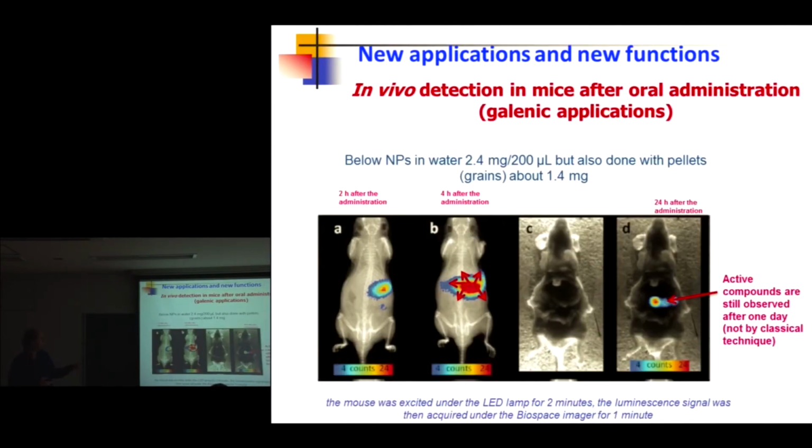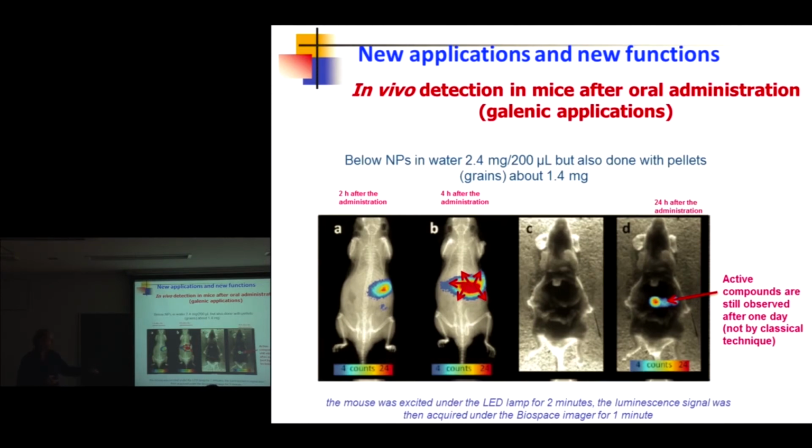We also follow the administration of medicine, and you can see, for instance, 4 hours after the administration, what has happened to the medicine. This is, for instance, nanoparticle in water, and you see it is going here, and after 4 hours you can see the dispersion of the medicine, and after 1 day there is still active medicine inside the body of the animal.